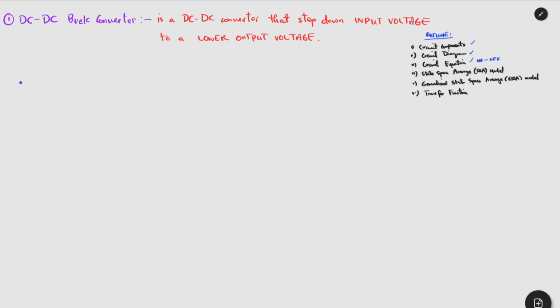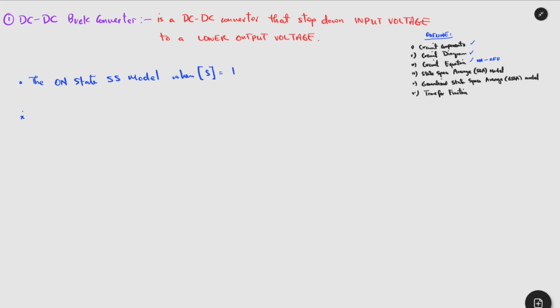Now we can discuss the on state space model, when S is equal to 1, which is the state. That means the switch is on.